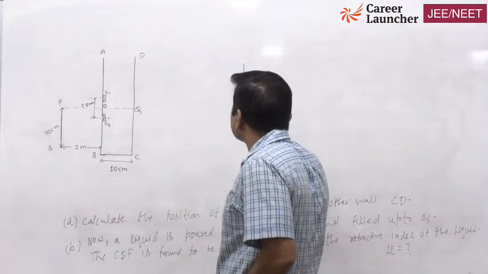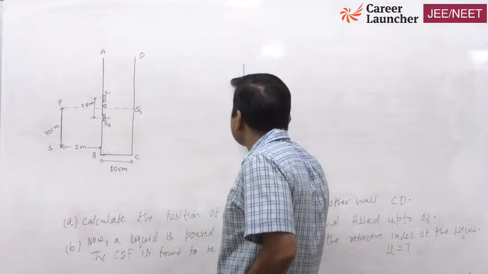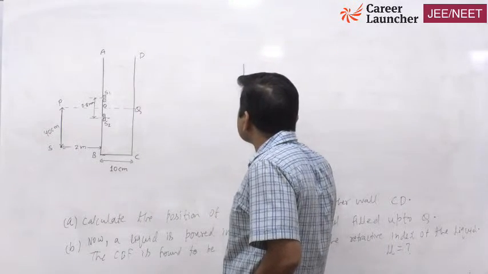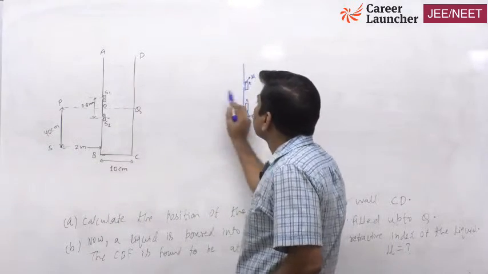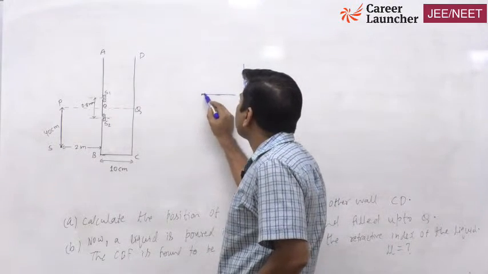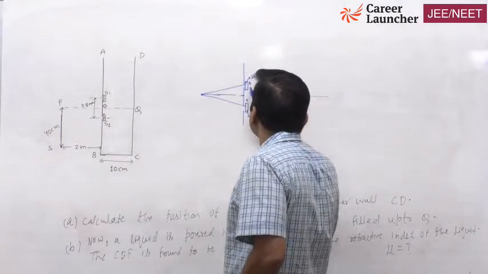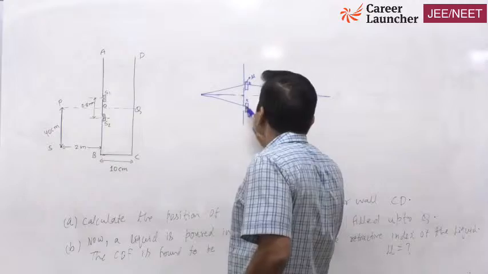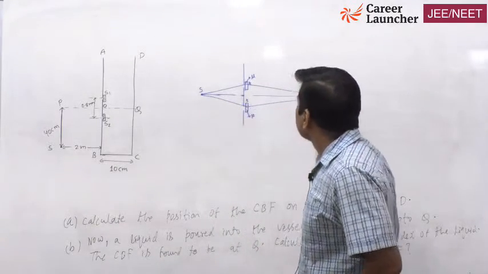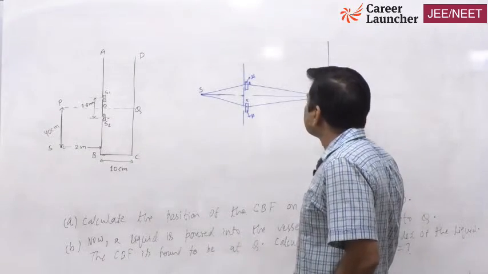See, it is covered with this glass slab having the same mu, which is not given here, and the same thickness t. And if the source is placed here, just in between, you know that the CBF will not change, it will be here. So once the main source S is here, and this is the screen, this is the CBF.